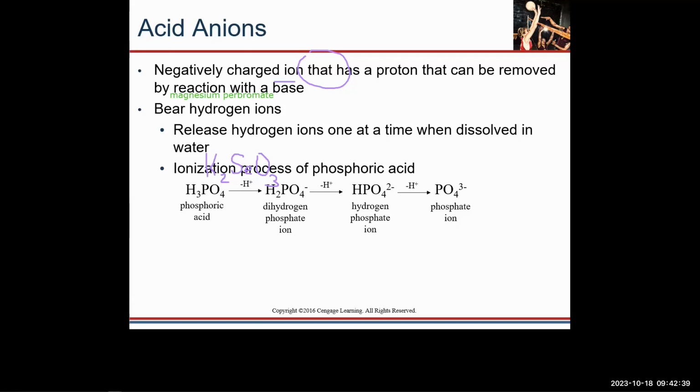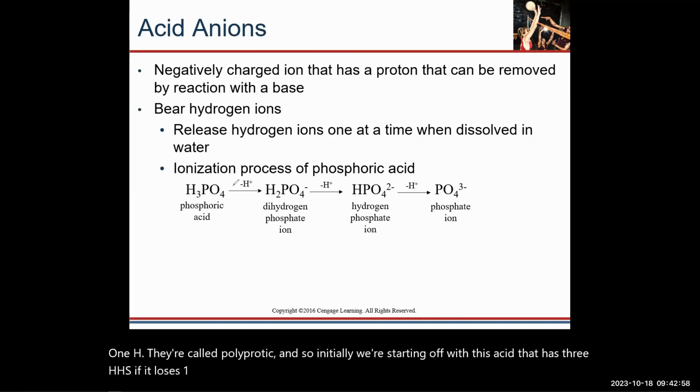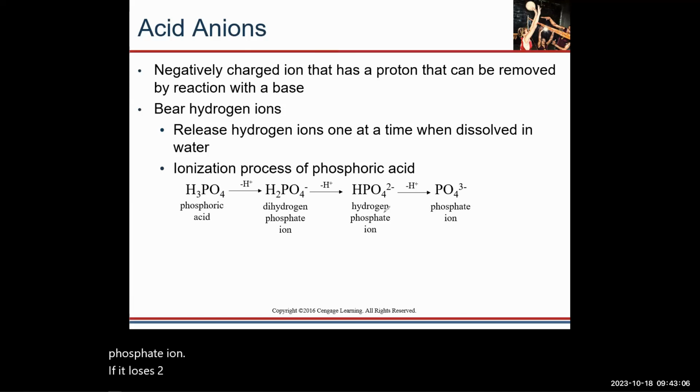Okay, so when acids have more than one H, they're called polyprotic. And so initially we're starting off with this acid that has 3 H's. If it loses one H, then we have to change the name. We call that dihydrogen phosphate ion. If it loses 2, we call it just hydrogen phosphate ion.